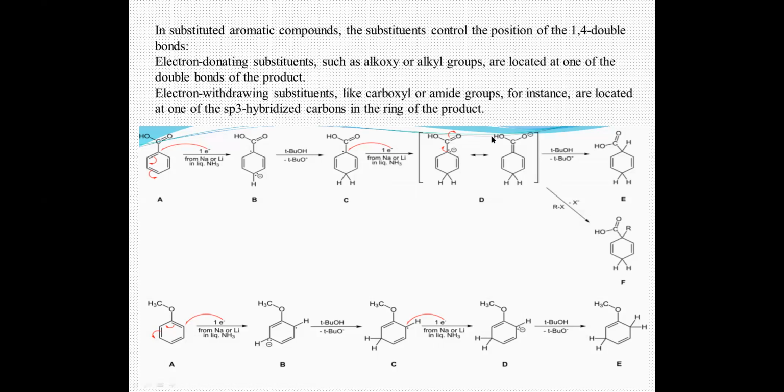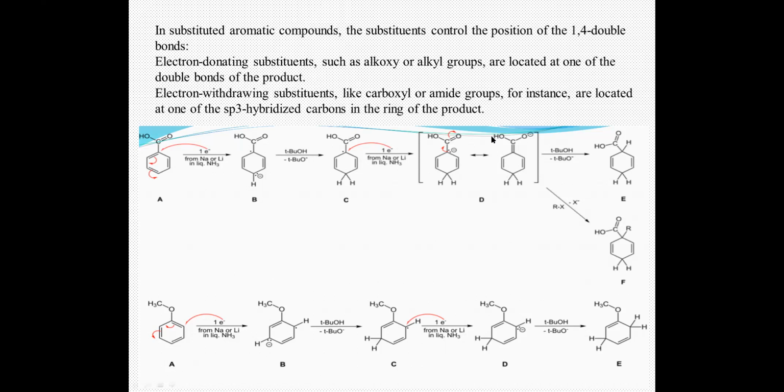If the negative charge is there, as you've seen in your carboxylic acid, then instead if methoxy is there, methoxy being an electron donating group will destabilize your resonance structure as well as your intermediate. That's the only reason that in case of methoxy substitution, the substitution will be present on one of the double bonds.